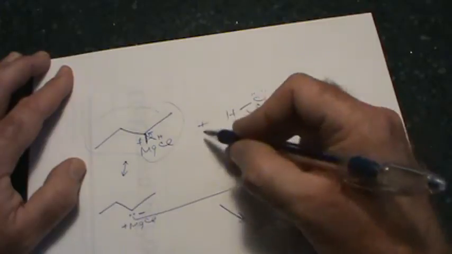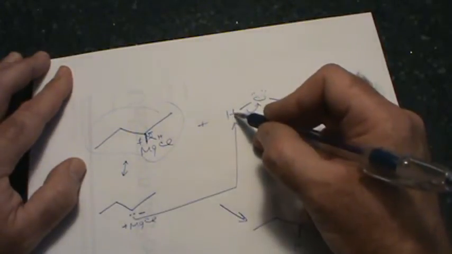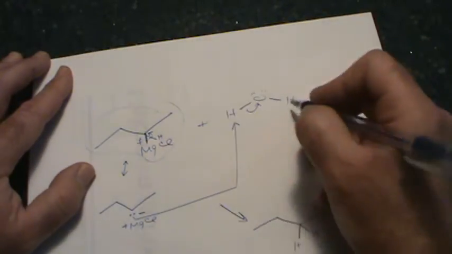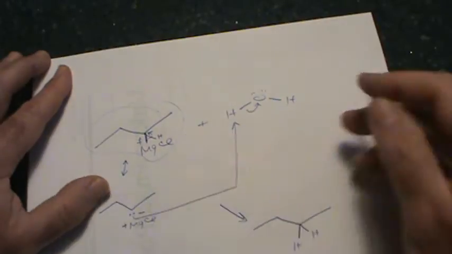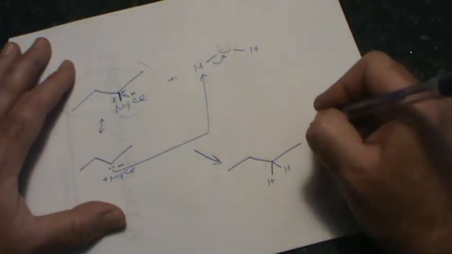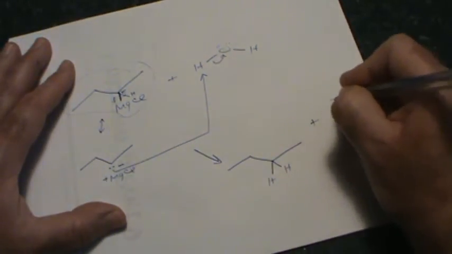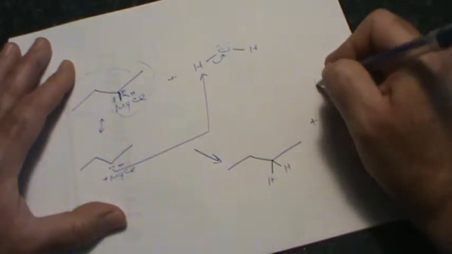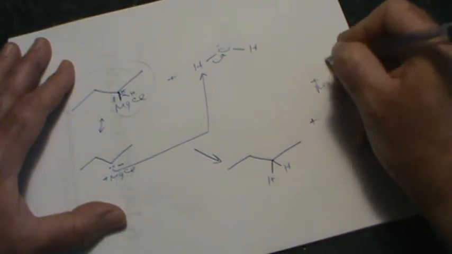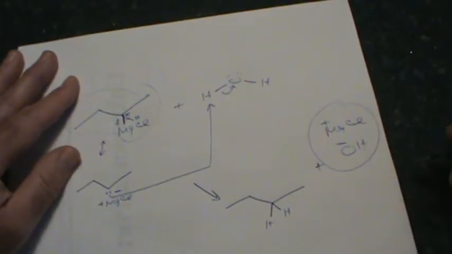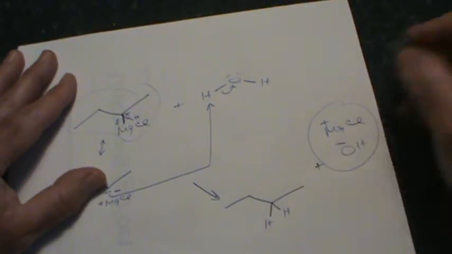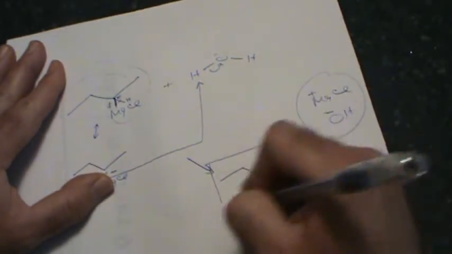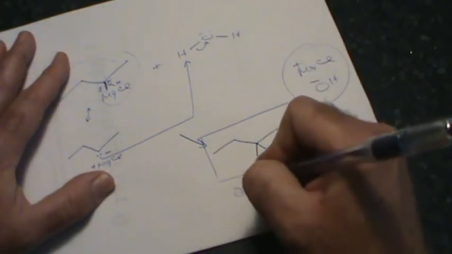This hydrogen was delivered to the carbon as an H+. This is truly an acid, which is protonating my strong base. What's left over as a byproduct is OH- as well as MgCl+. That's just going to be an inorganic salt, not an essential part of the story. The essential part of the story is this alkane.